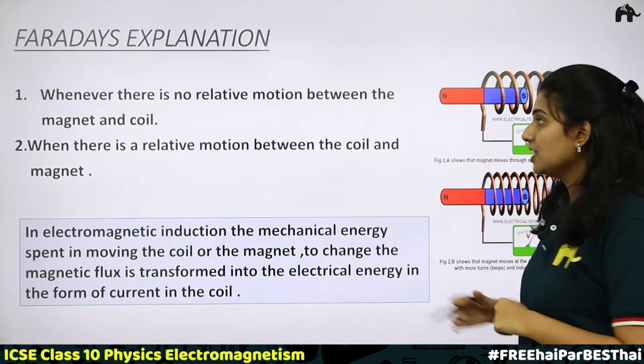Faraday's explanation, whenever there is no relative motion between the magnet and coil: you can see that the number of magnetic field lines passing through the coil will not change, which means there is no magnetic flux change.